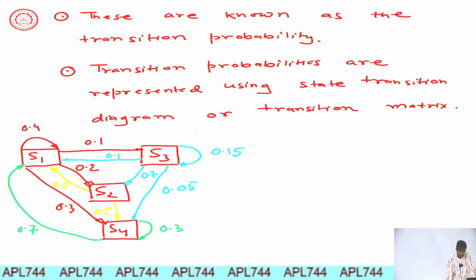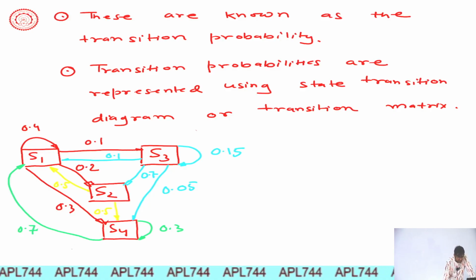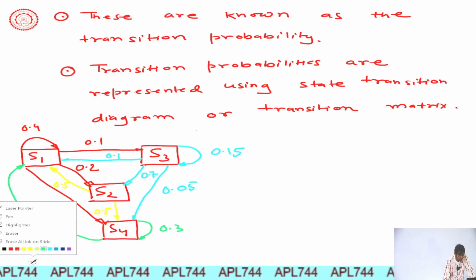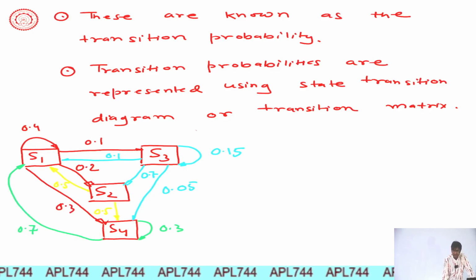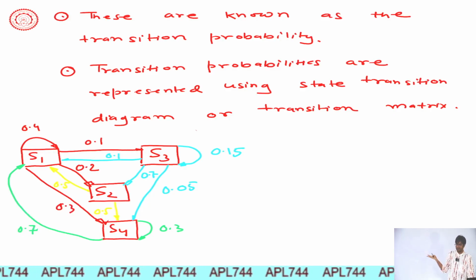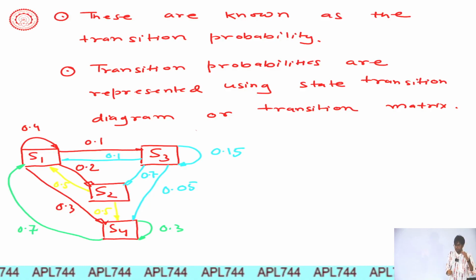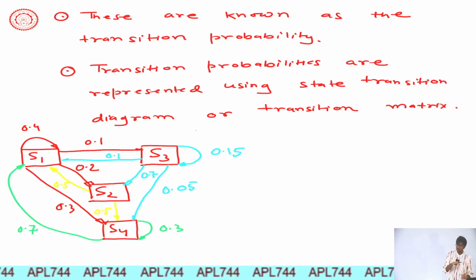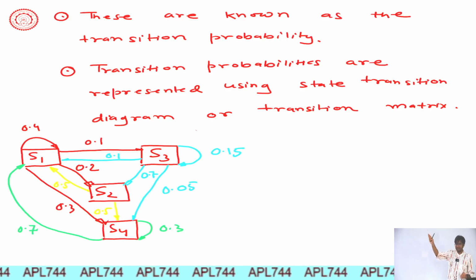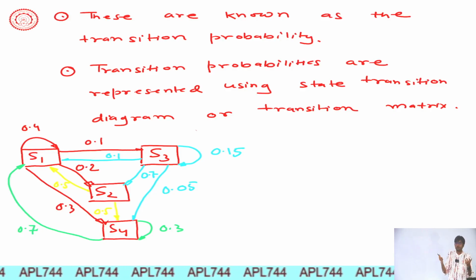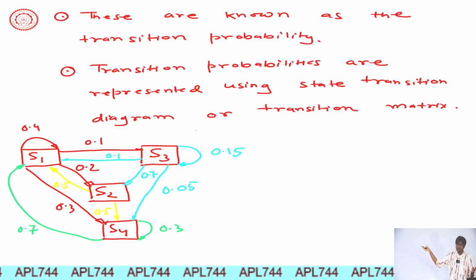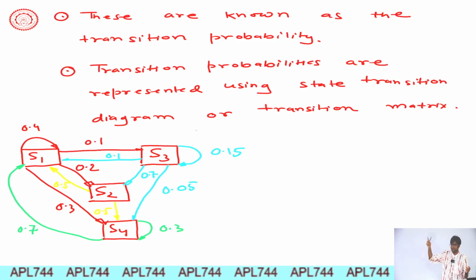Okay. So now the same thing can be represented as a transition matrix. So let us see how you can do that. So let's say we now want to write the transition matrix. So you want to transition from S1, S2, S3, S4 to S1, S2, S3, S4. So your matrix will be a 4 cross 4 matrix. In this case, or in a generic sense, it will be K cross K, where K is the number of states.